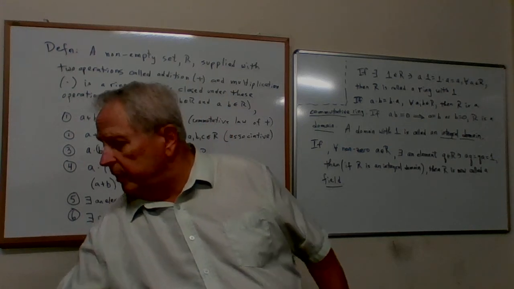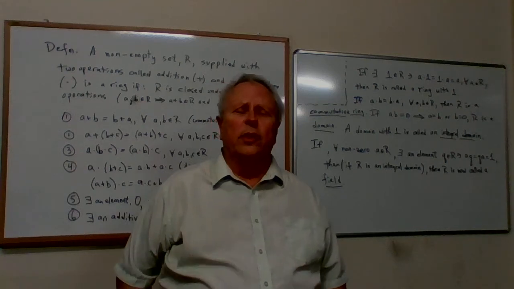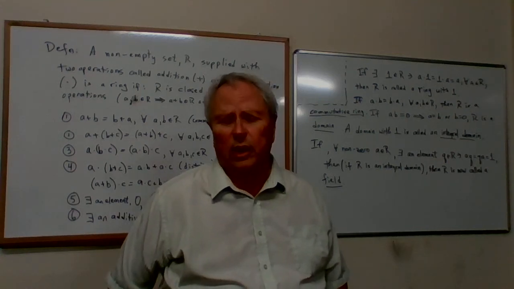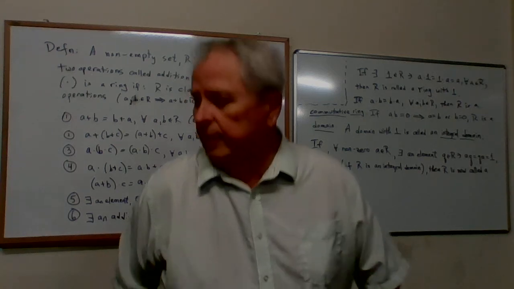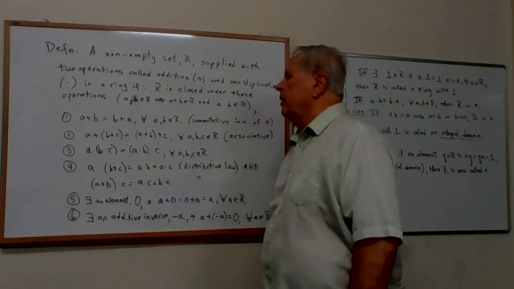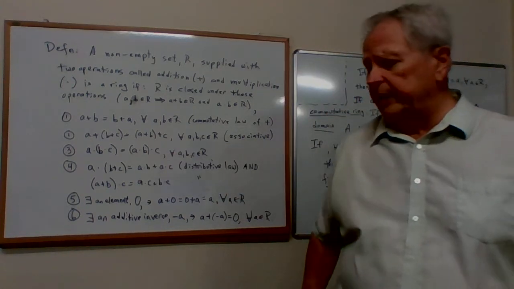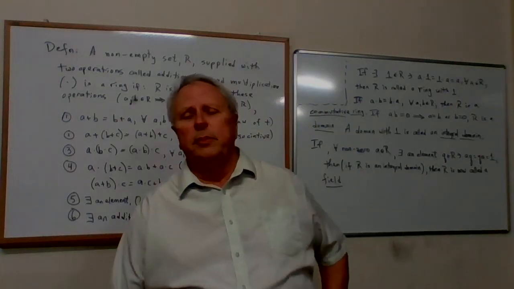And in fact, we're not going to deal with any rings that fail to have the associative law of multiplication, which is this law here. But there are so-called rings that are non-associative rings. We're not going to be interested in that.